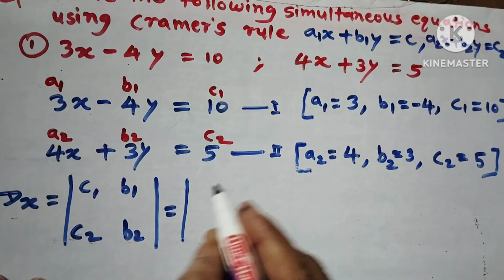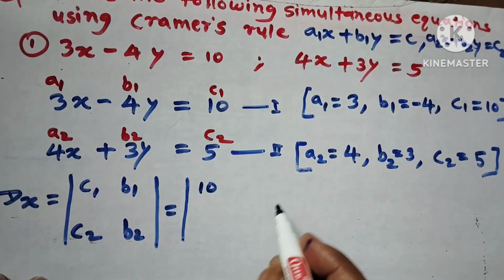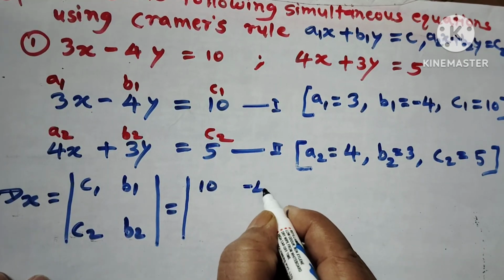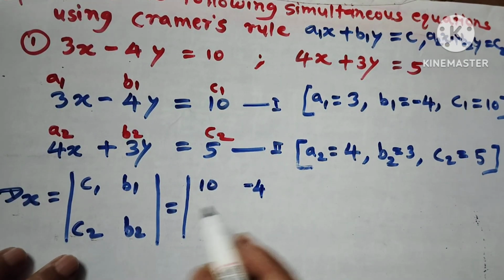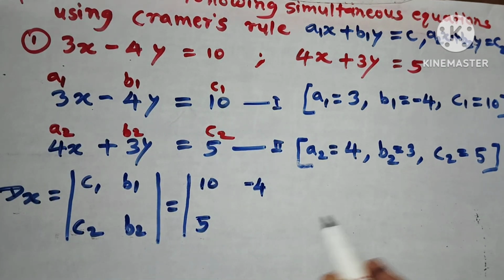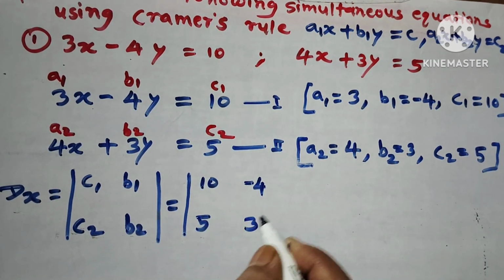C1 is 10, b1 is minus 4, c2 is 5, b2 is 3.